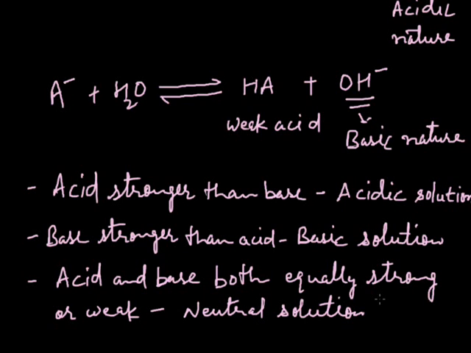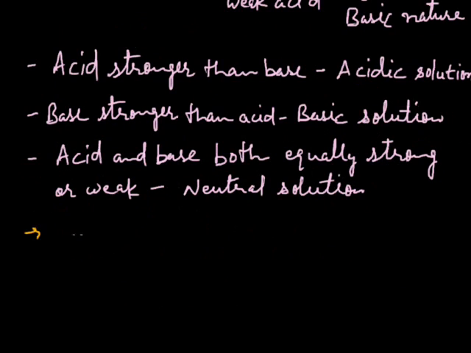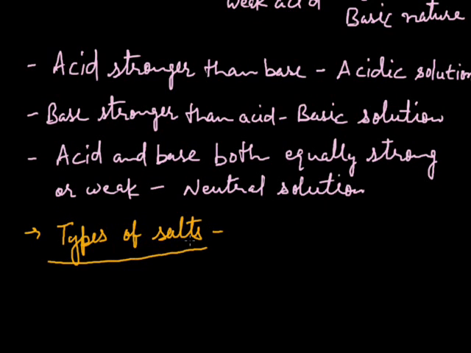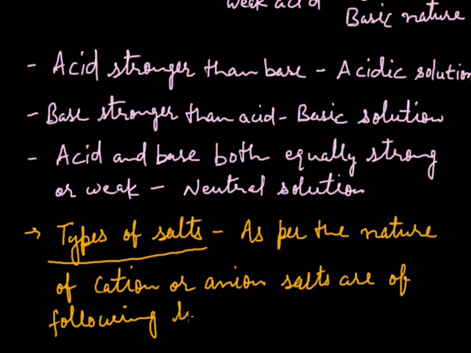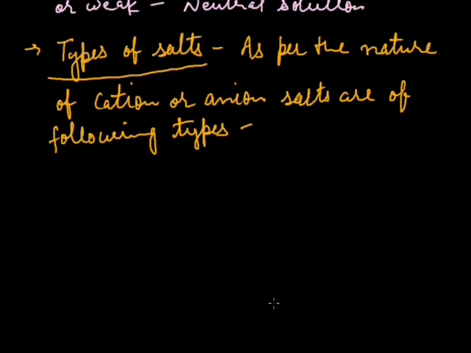Now we'll talk about types of salts. As per the nature of cation or anion, salts are divided into the following categories. Salt of strong acid and weak base.